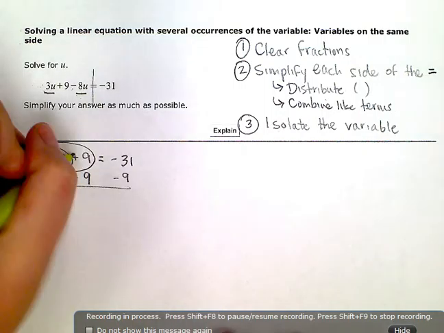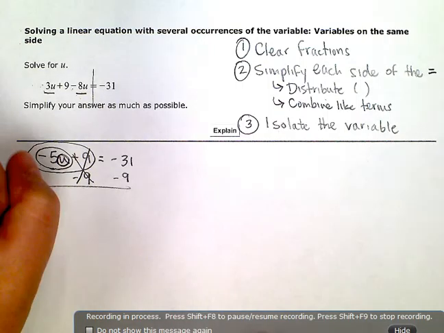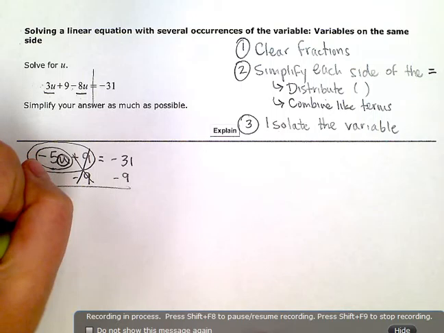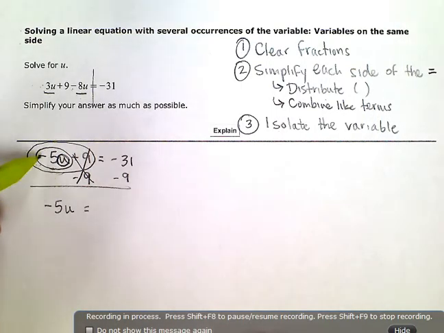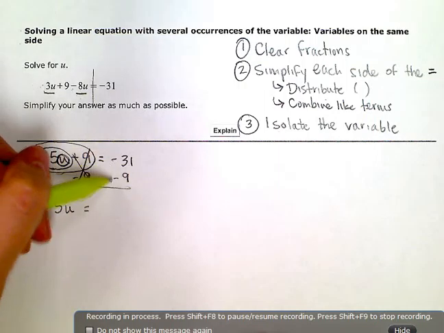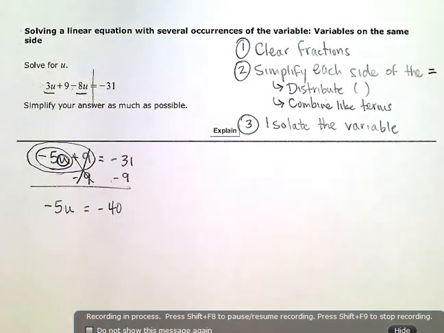So if I eliminate that 9, that will get rid of my biggest layer of my onion here. So now I'm going to simplify. Now I'm here, negative 5u equals, that's all I have left on the left. But over here on the right side, I have negative 40.